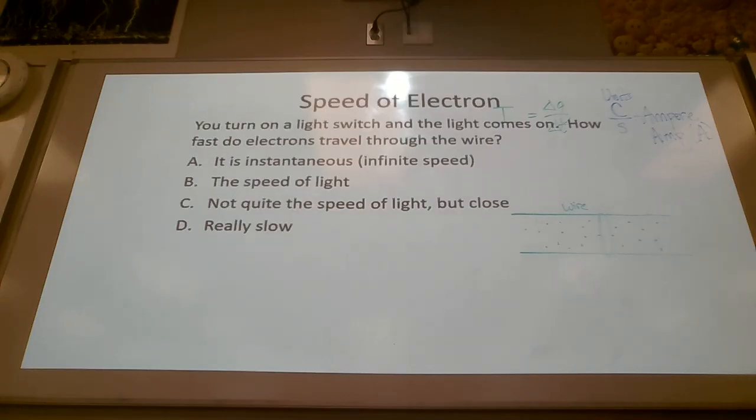So how fast do electrons actually move? It turns out, really slow. But when I turn on a light bulb, it comes on automatically. Here's the analogy for that. In the springtime, you hook up your hose and turn it on.